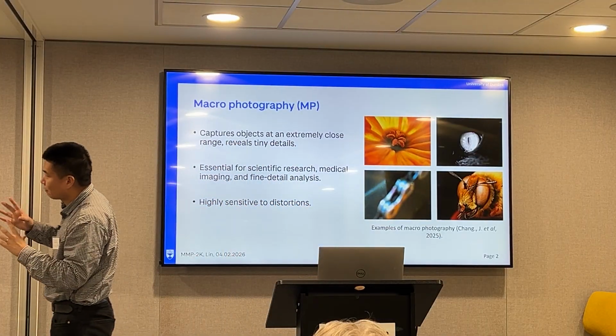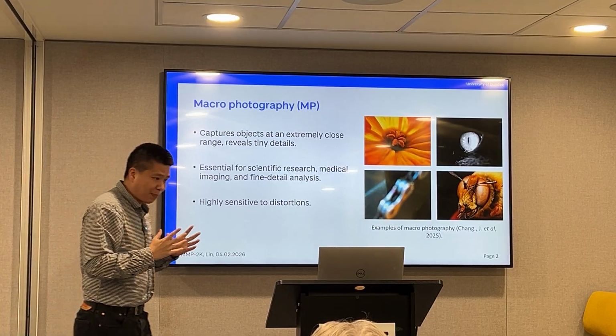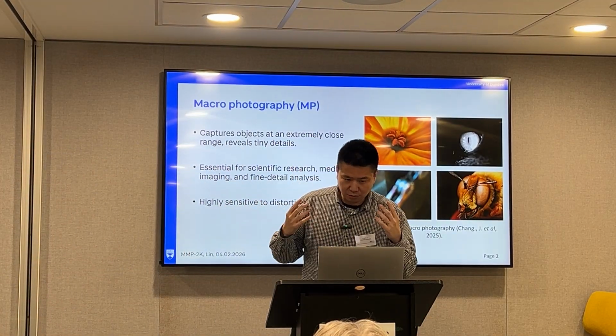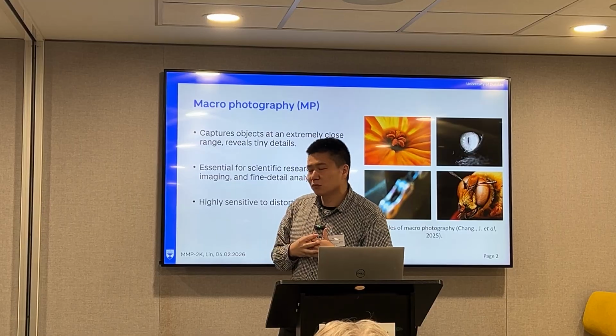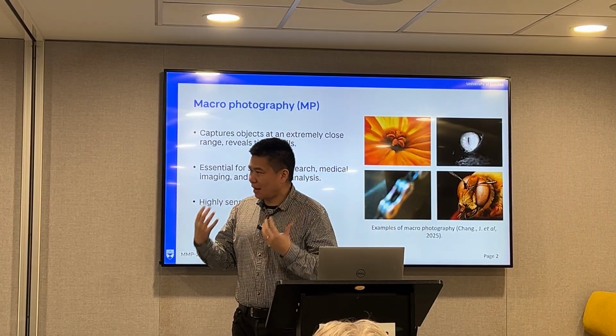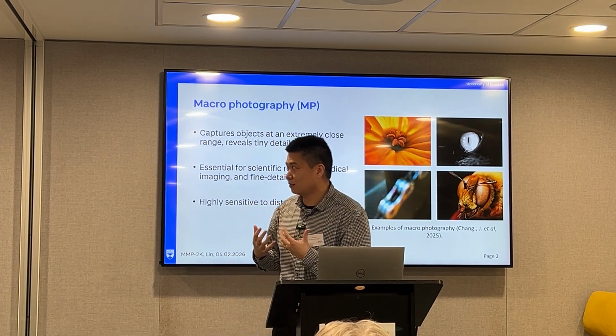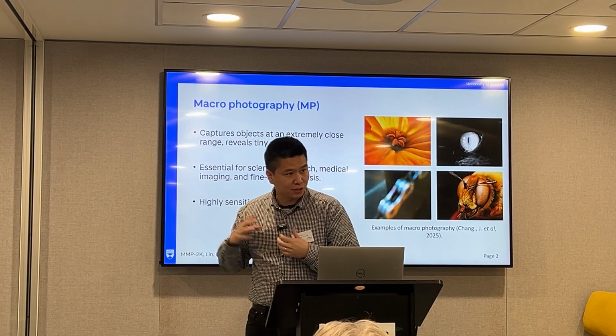Most of these macro photography images have a very clear foreground and a very blurry background. So this raised a question: do BIQA, blind image quality assessment methods, that apply to generic images also work for these macro images?